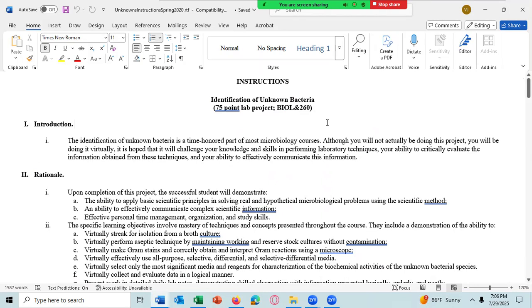All right. This unknown project is a 75-point lab project. You will work on it from now to the end of the term, and your goal is to try and identify the species of bacteria that I'm going to send to you.